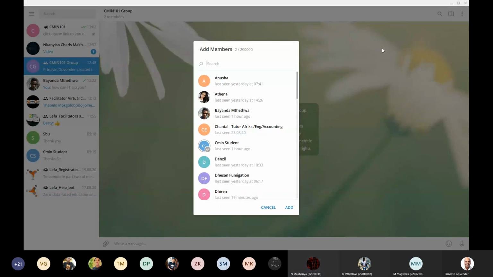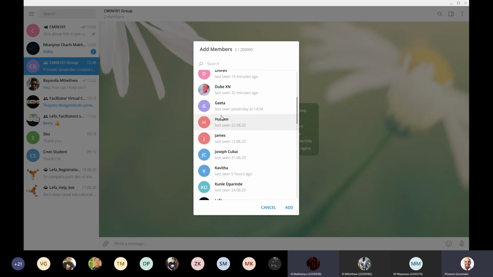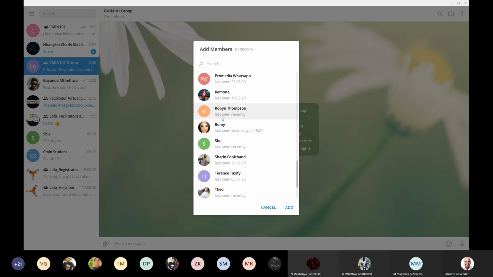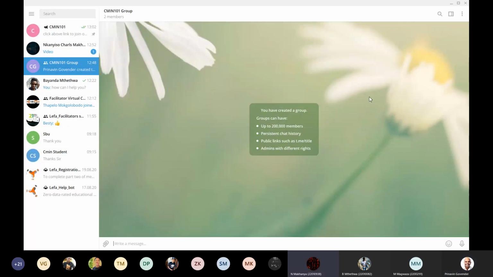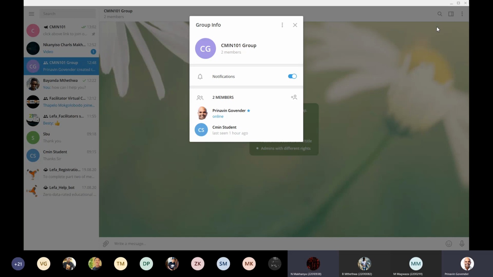All right, but I think I'll have to have your name stored on my cell phone. Isn't that so? Or you can go to view group info, same as WhatsApp. Let's see where's view group info. Okay, great. And then click the add members there.